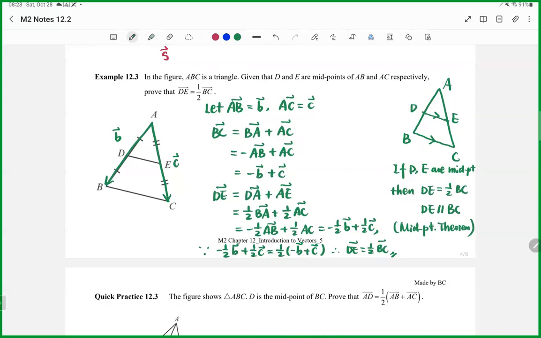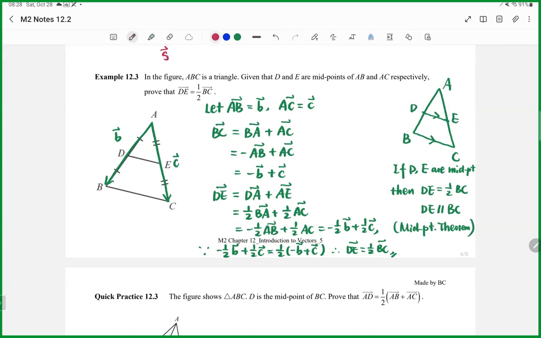Now, if you say this is also a proof of the midpoint theorem, compare this vector proof with the proof using geometry. In the geometry proof, you have to prove similar triangles and corresponding angles are equal, and so on. It's a lot of angles and lengths. But with vectors, if you use them correctly, the only thing you need to do in this proof is to express.